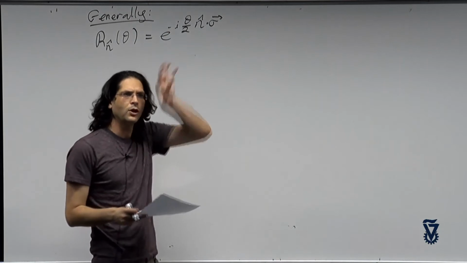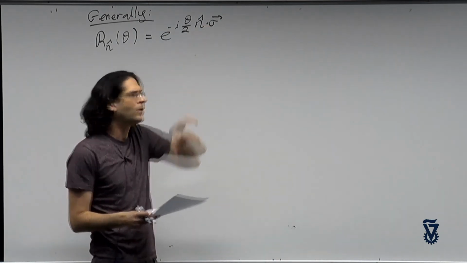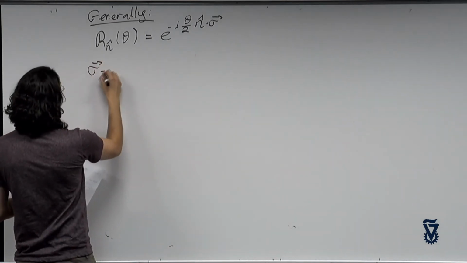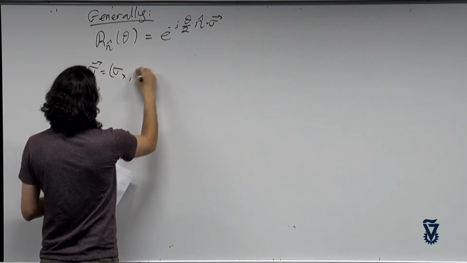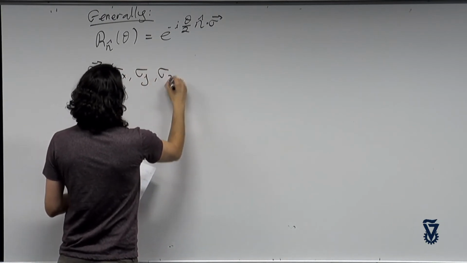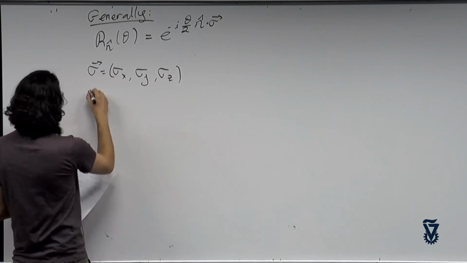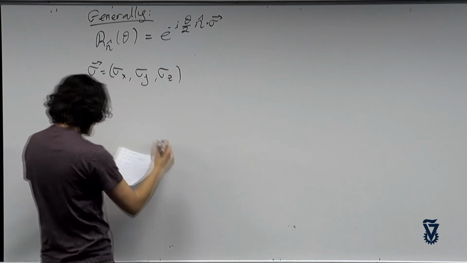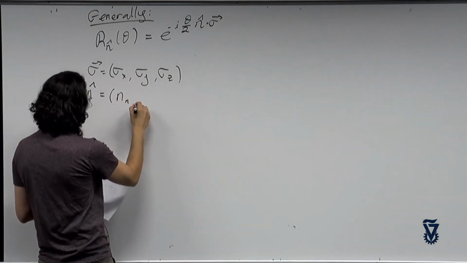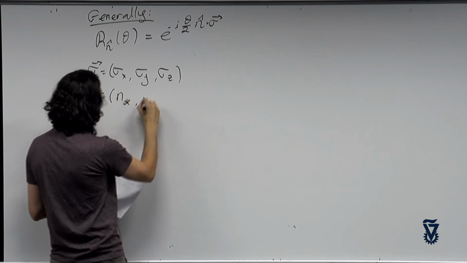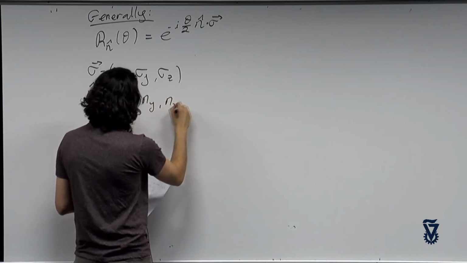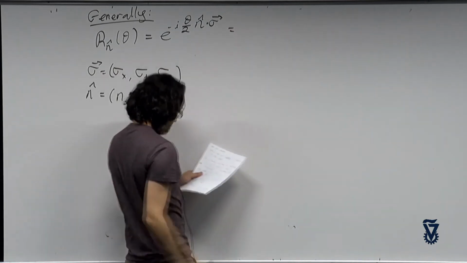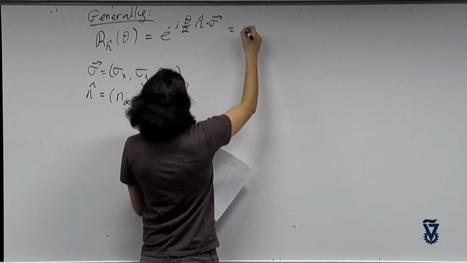The three components of the sigma vector are sigma x, sigma y, sigma z. And n is just a unit vector in a certain direction, so it would be n_x, n_y, and n_z.